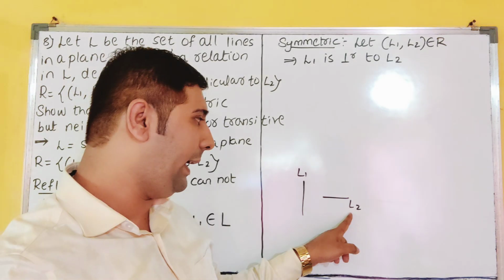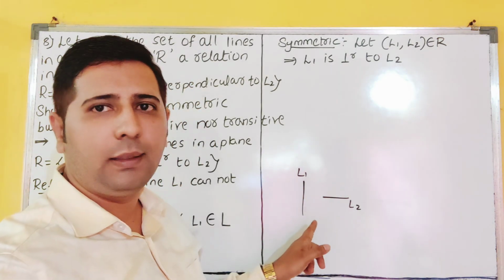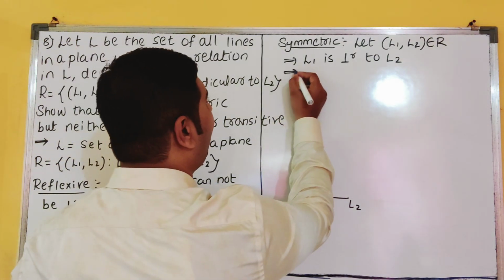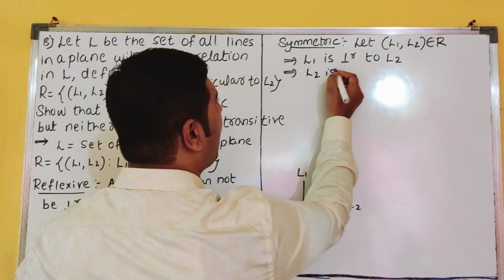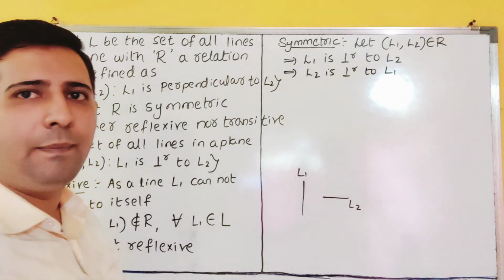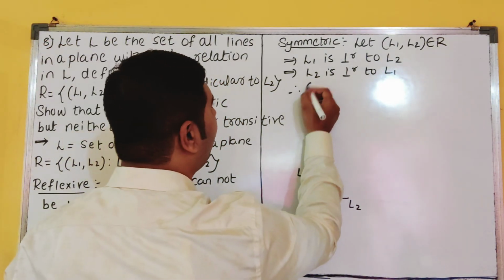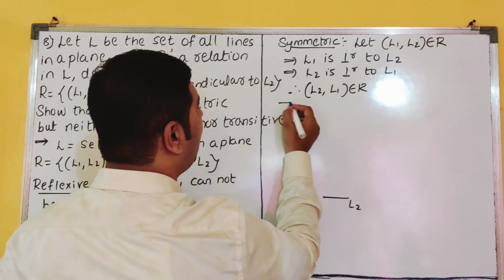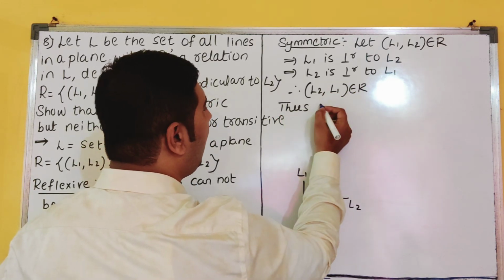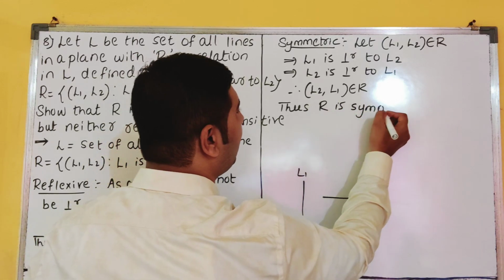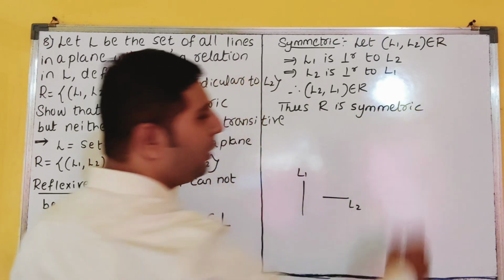Yes, sir. Then L2 is perpendicular to L1? Yes, 100%. So that's why you can say L2 is perpendicular to L1, dear students. Correct? So then you can write, therefore, (L2, L1) belongs to R. Thus R is symmetric. Got it?